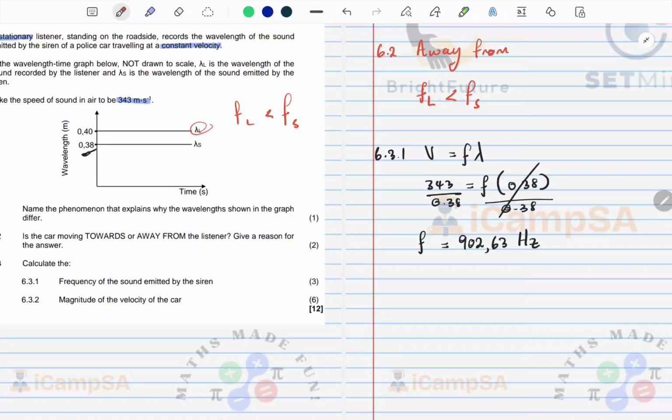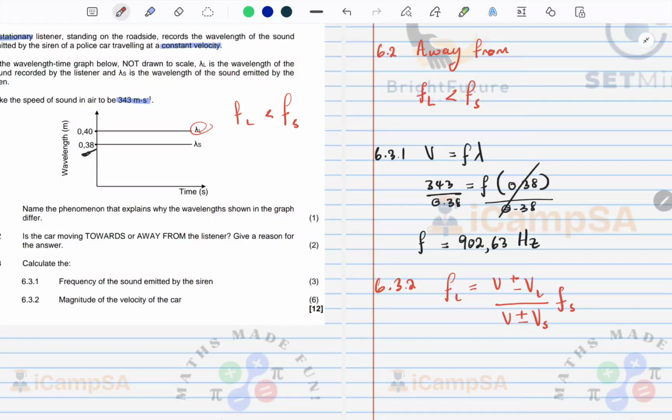Bit interesting. So here, what do we need to do? Think about it a bit and then apply yourself. So one of the things to do here is, part 0.3.2, you've got your formula for the Doppler effect: FL equals (V plus minus VL) over (V plus minus Vs) times Fs.